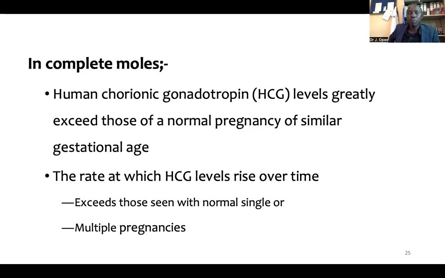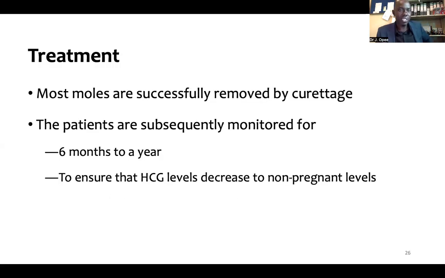But when you find tripling or quadrupling, then you know this may be an abnormal pregnancy. Even compared with a multiple pregnancy, when we have complete hydatidiform mole, the levels of human chorionic gonadotropin rise above the levels in multiple pregnancies. So this is very, very distinct that you should actually get to know.